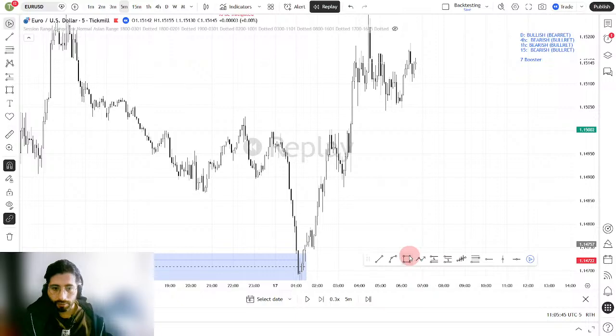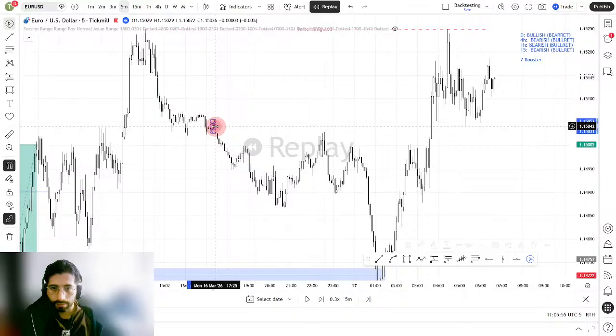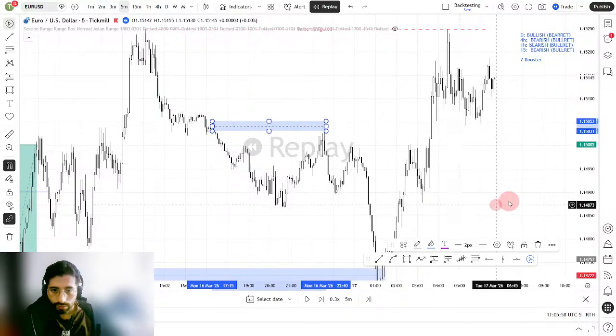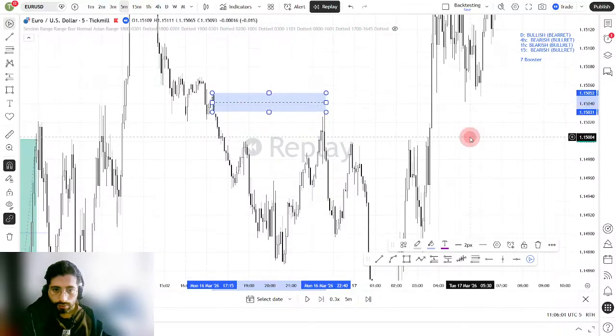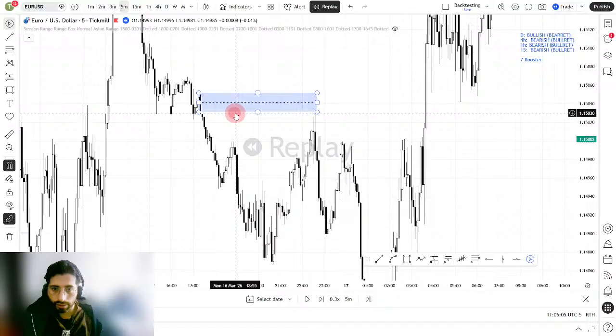The range beginning was here. In 5 minutes was here. Let me check if that was the beginning of the range or the order block that backed this up. Almost. Almost. This is liquidity, that's why I enter here.